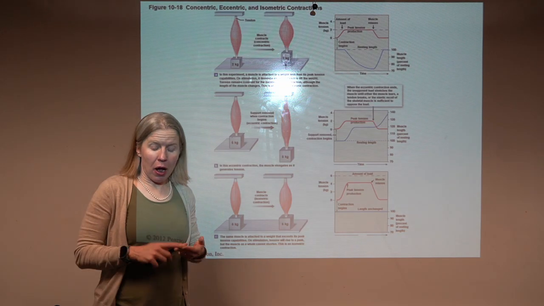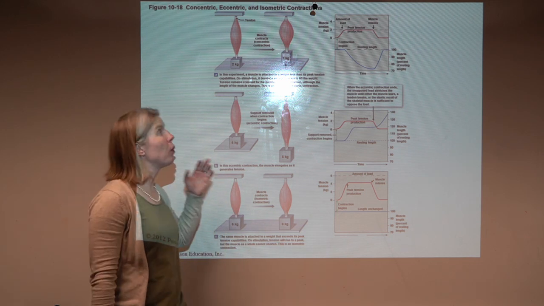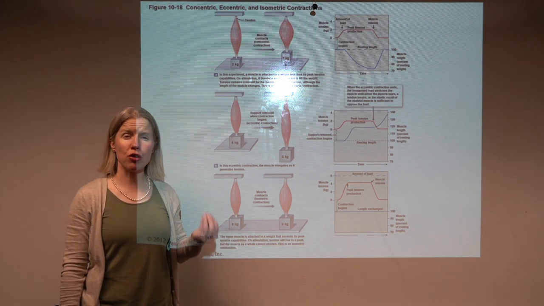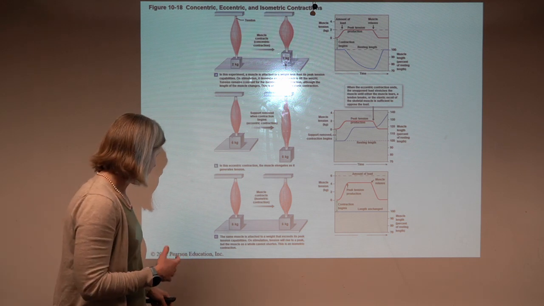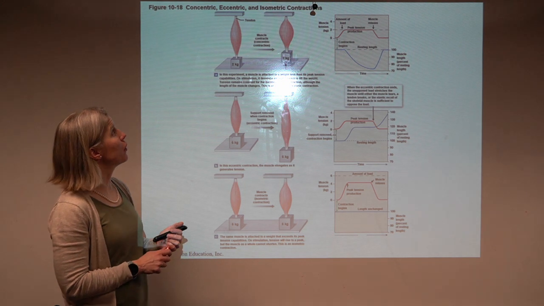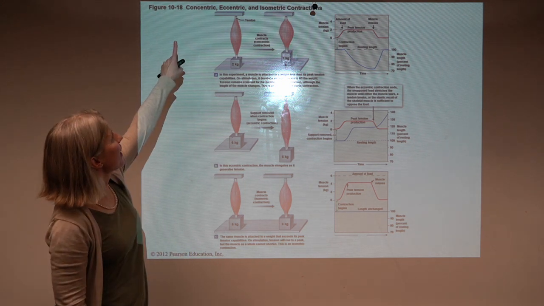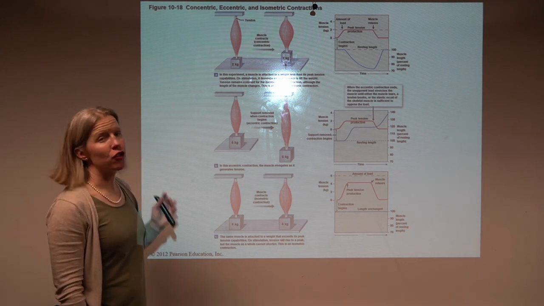Okay. Other things that we want to think about as far as muscle physiology goes. When we talk about how a muscle contracts, we have different terminology depending on how this muscle is actually producing its force. So here we're looking at concentric, eccentric, and isometric contractions.